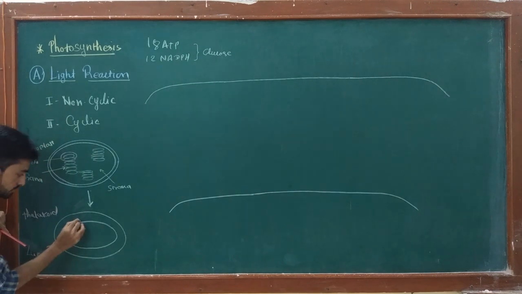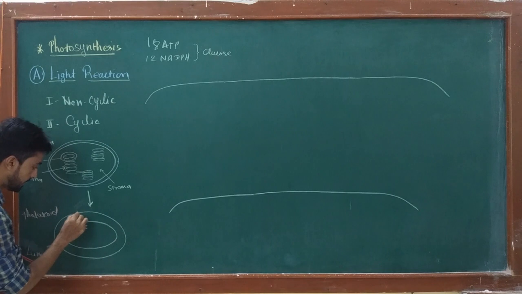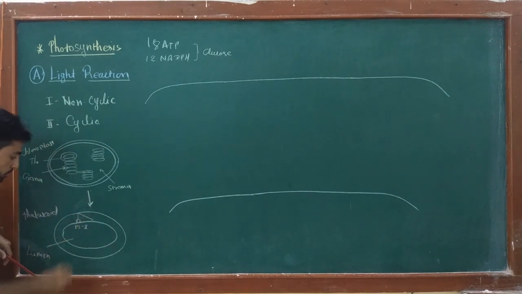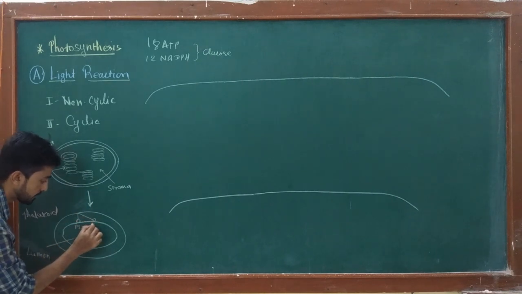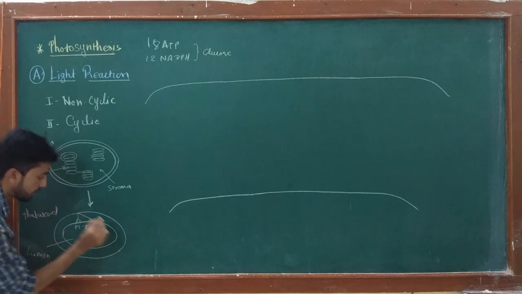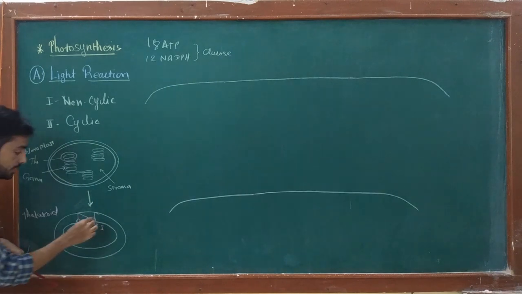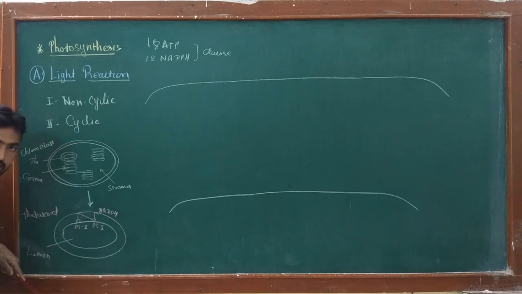The first reaction center is called photosystem 2, and it is present in the membrane of the thylakoid. Then an electron transport chain is present, which transfers electrons from photosystem 2 to photosystem 1. This is PS1. And from photosystem 1, electrons are again transferred, and finally NADPH is produced in the light reaction.